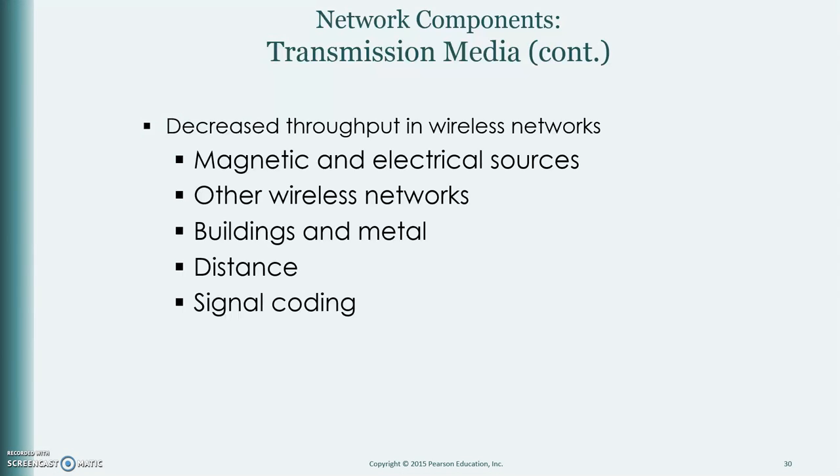First of all, wireless signals are more susceptible to interference from magnetic and electrical sources. Other wireless networks can interfere with the signals on your network. A good example is if you're in an apartment building, especially the newer apartments that have really thin walls, your neighbor's wireless connection could be interfering with your wireless connection.